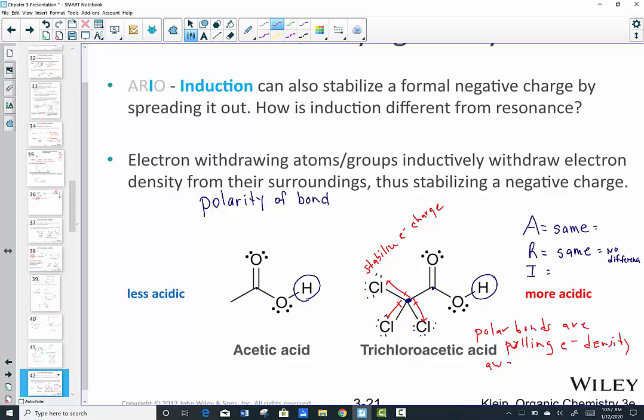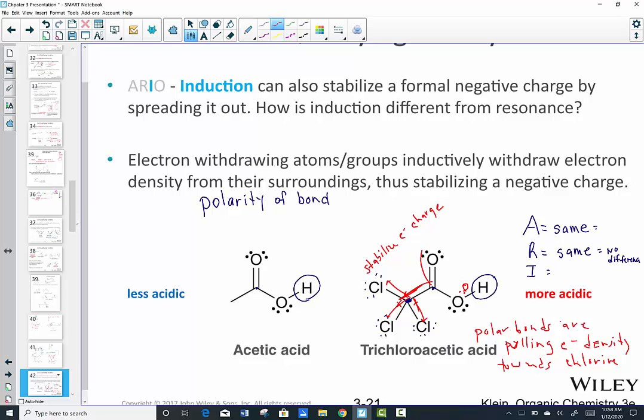So in other words, when I think about these charges, if oxygen here has a negative charge, it's going to be resonance stabilized, and it's going to be stabilized because the negative charge is also being pulled in this direction. So this oxygen has all kinds of help stabilizing that negative charge. It can do so through resonance, and it can do so through the inductive effect, where the chlorine helps to pull electron density towards itself, making this a more electron-rich area.